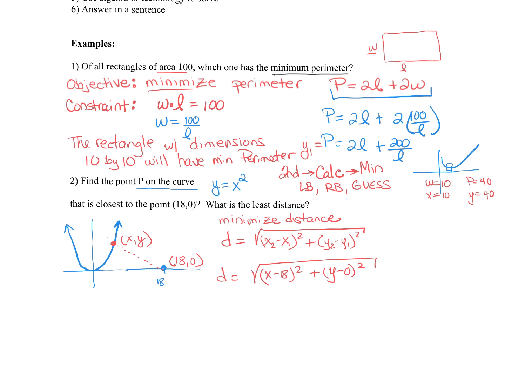That has too many variables, so we're going to use the fact that y is equal to x squared. That's our constraint. And so we'll have a distance is x minus 18 squared plus x squared squared.